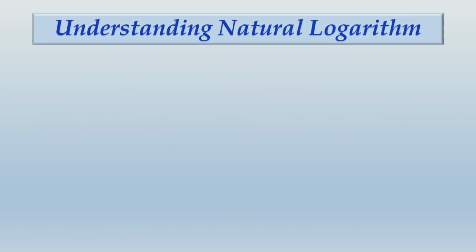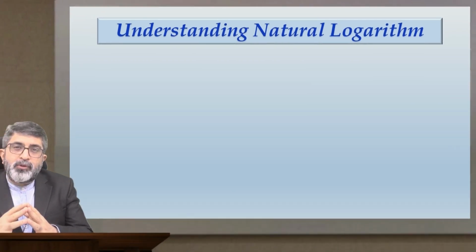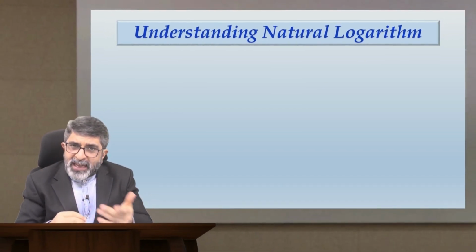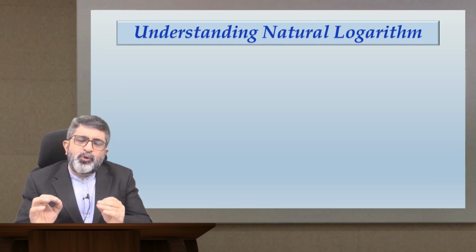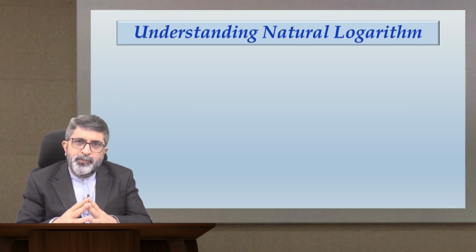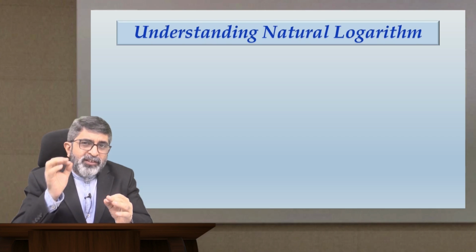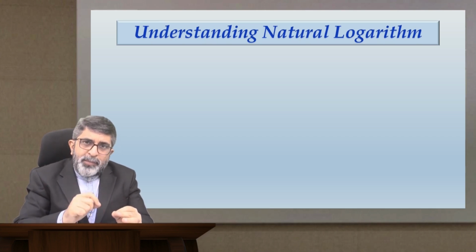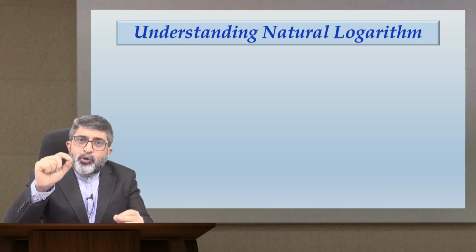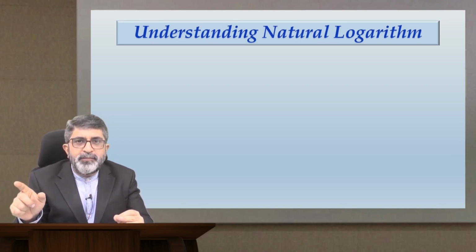Let us move ahead and now write the heading as understanding natural logarithm. Now, once you have understood what exactly is the meaning of common logarithm, how to apply that, how to interpret that, the same lines you have to apply to natural logarithm. Now, just understand one thing. In the previous example, we took 10 squared, which gave you 100.